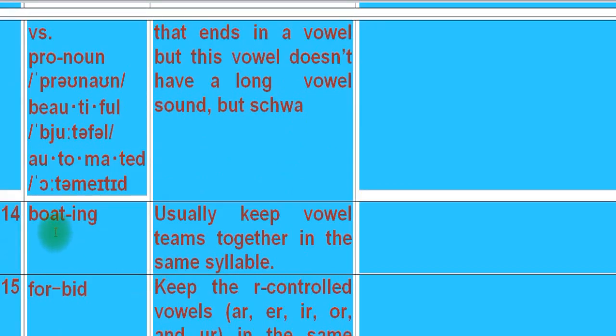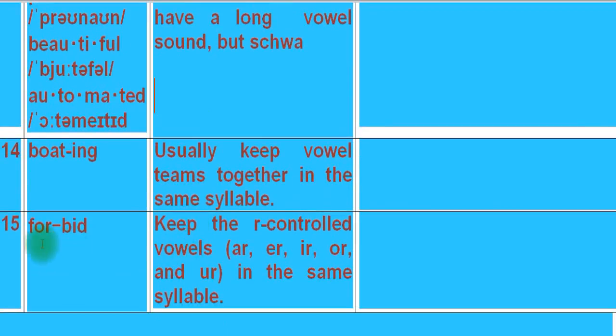14. Boat. We usually keep vowel teams together in the same syllable. Vowel teams like main, M-A-I, die, I-E, rescue, U-E, and so on. 15. Forbid. Keep the R-controlled vowels in the same syllable.